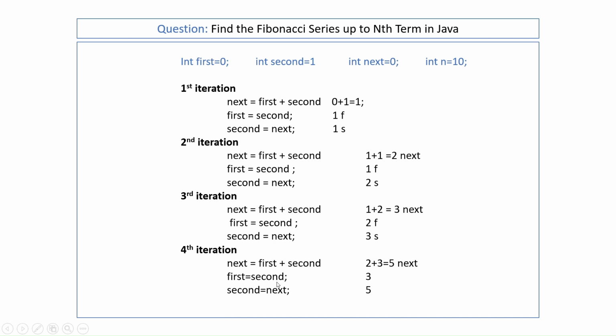First is equal to second, so the 3 in second comes inside first. Then second is equal to next, so the 5 in next comes inside second. This is the way the Fibonacci series works. How do we implement this in our program? Let's go to Eclipse and implement this program.